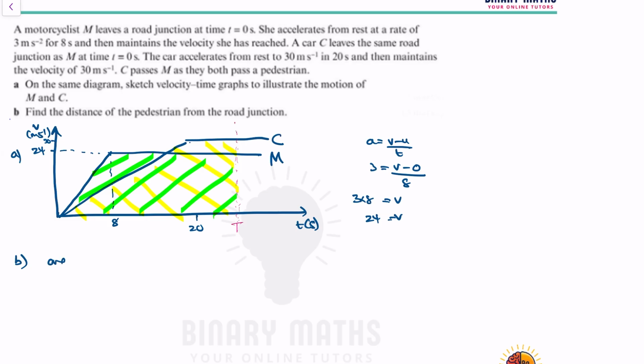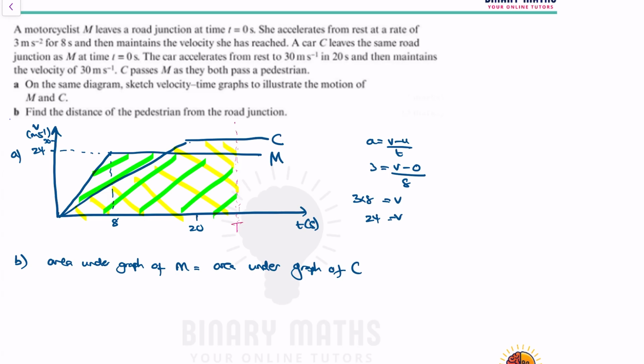So the area under the graph of M must be equal to the area under the graph of C.